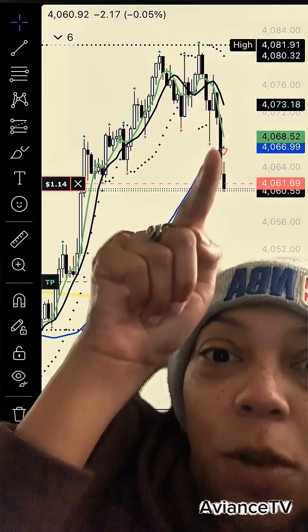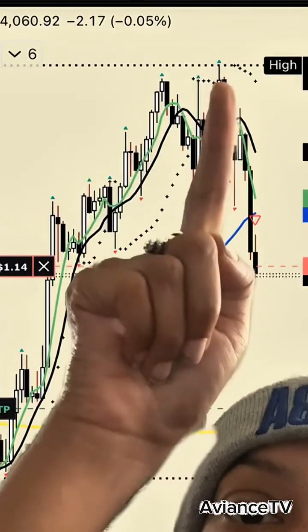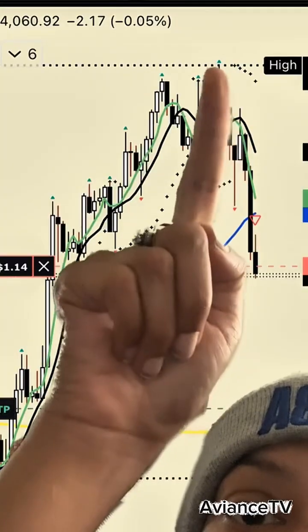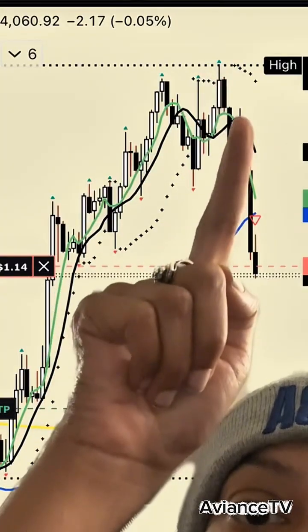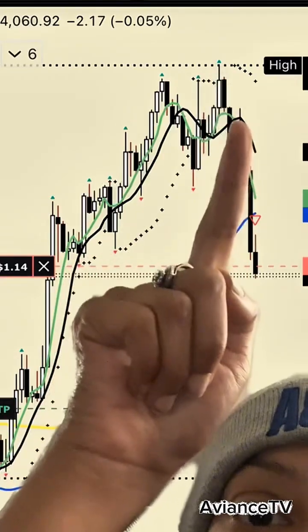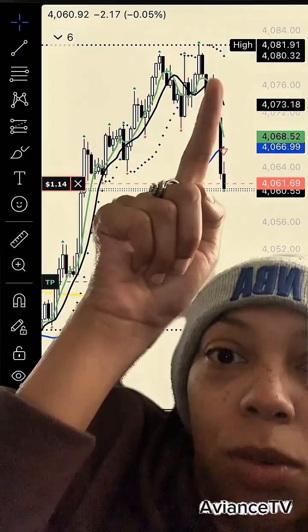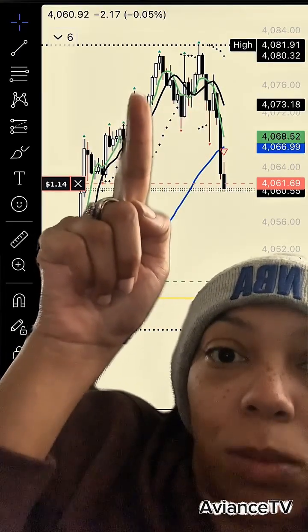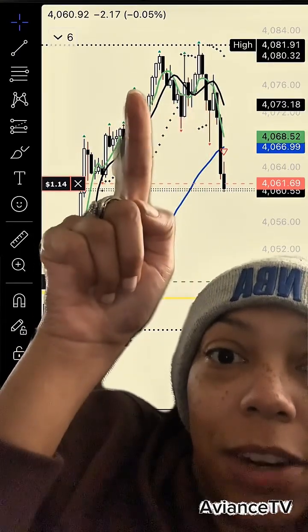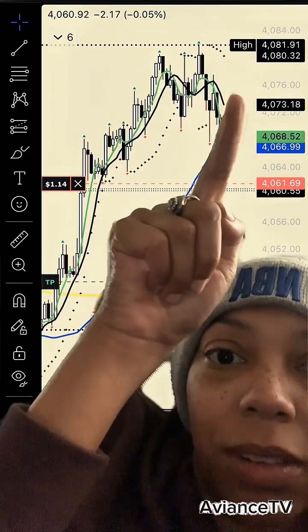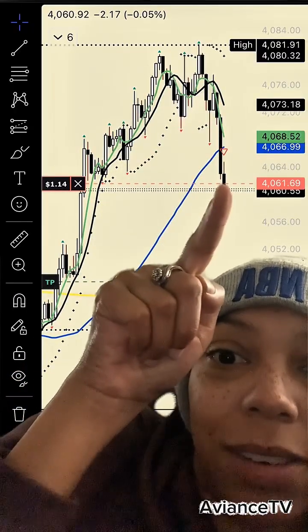And then once we got that lower high right here, this is the new high right here. It's lower than this one. So once we saw that this is lower than 1, 2, and 3, we knew that this is more likely to go down. So we're going to enter in off of these levels and take it down.